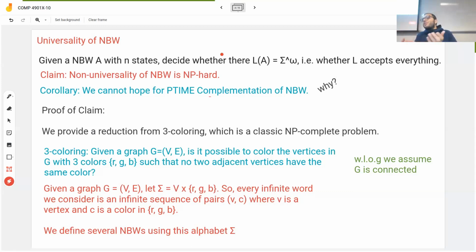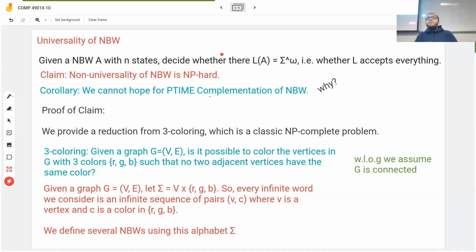It's a very wasteful way of proving to you that this is 3-colorable, but if I give you such an infinite path, and if this path goes over all the edges of the graph, and if at every step of this path the color changes, then you would be really convinced that this graph is 3-colorable. So another way of seeing this is that the graph is 3-colorable if and only if there is such an infinite path that has all these nice properties.